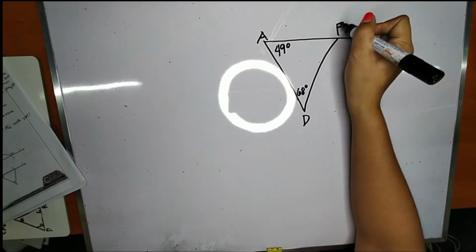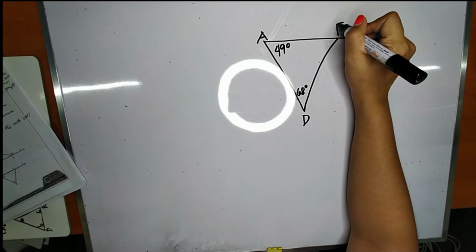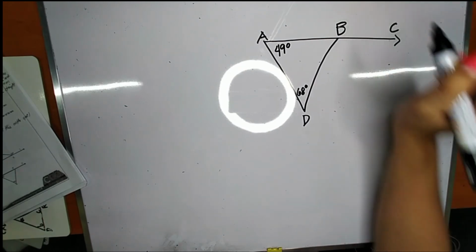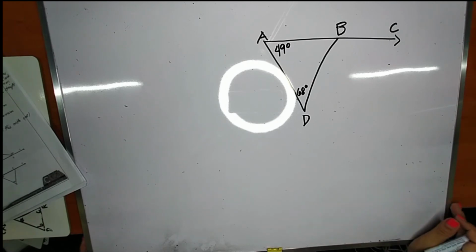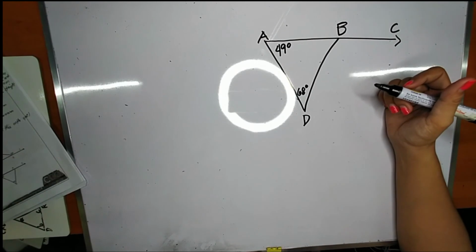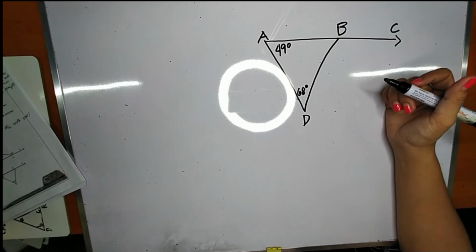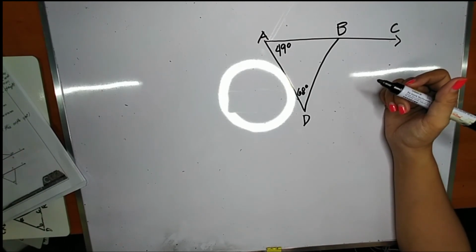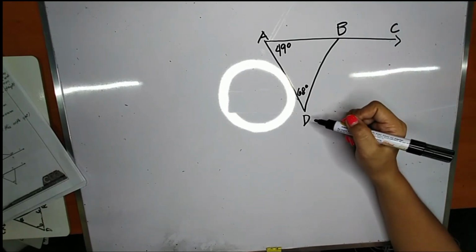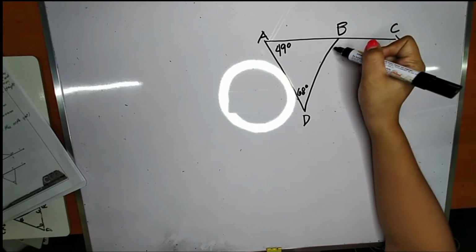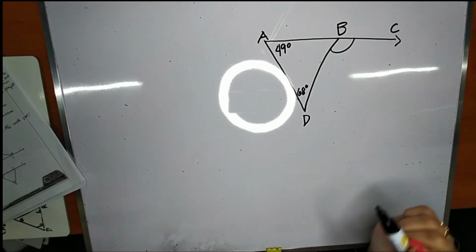Sorry, this is B. It is A, B, C, D. So, angle ADB. Okay, we have the given measurements of the two remote interior angles, which are A and D. So what we need to find, guys, is DBC, which is our exterior angle.